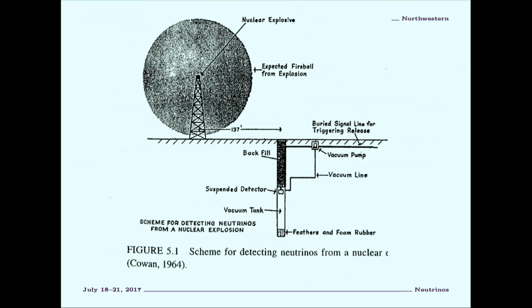And that's a great idea, because then when the ground is shaking, the detector's just fine. It's falling, but it's fine. And then they have here feathers and foam rubber, which hopefully will hold the detector and everything will be fine. And so this is a great proposal. It was encouraged, but it was not funded in the end.